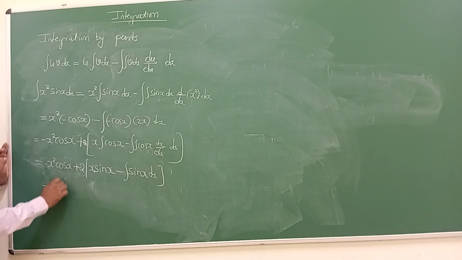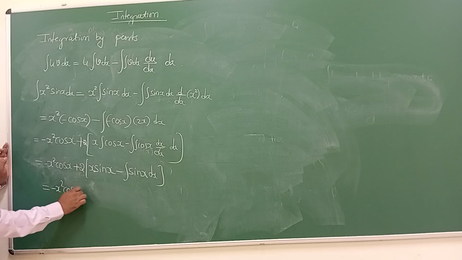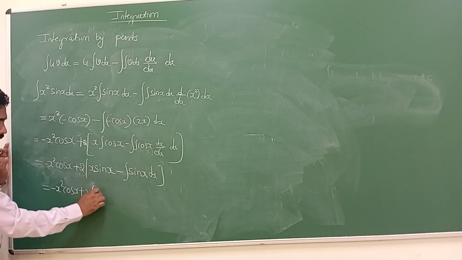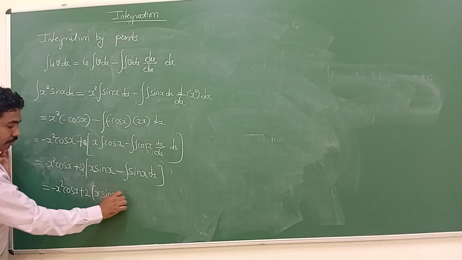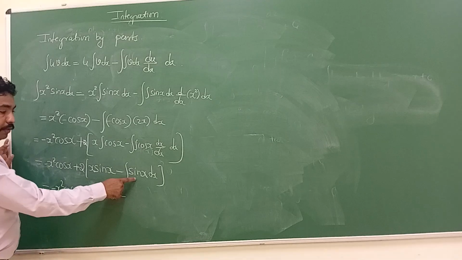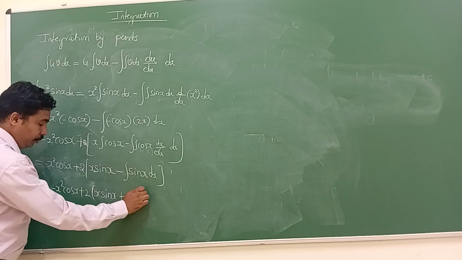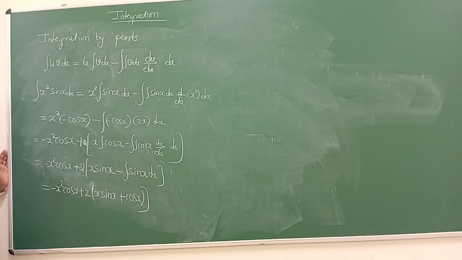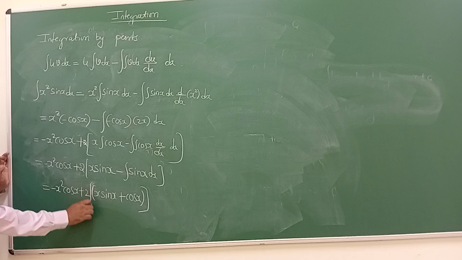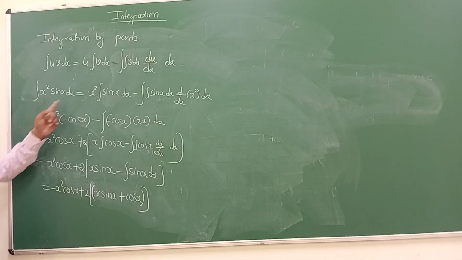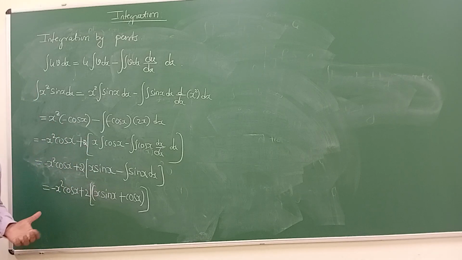Or it is minus x square cos x plus 2 times x into sin x minus integration of sin x, which will be minus cos x, minus into minus plus. See, for the polynomial power 2 itself it takes this much time. If I give x power 4, x power 5, x power 6, it becomes very lengthy.